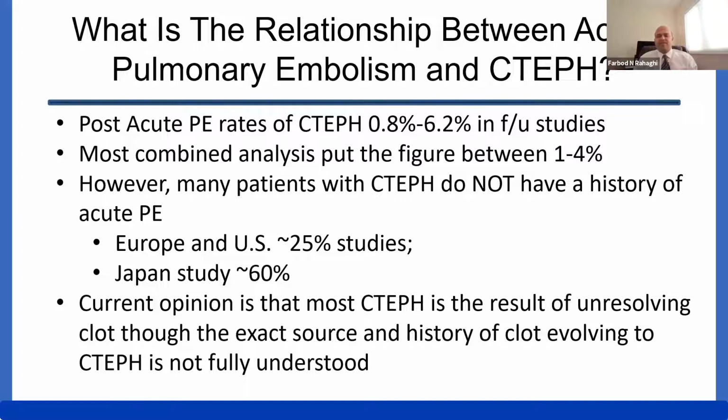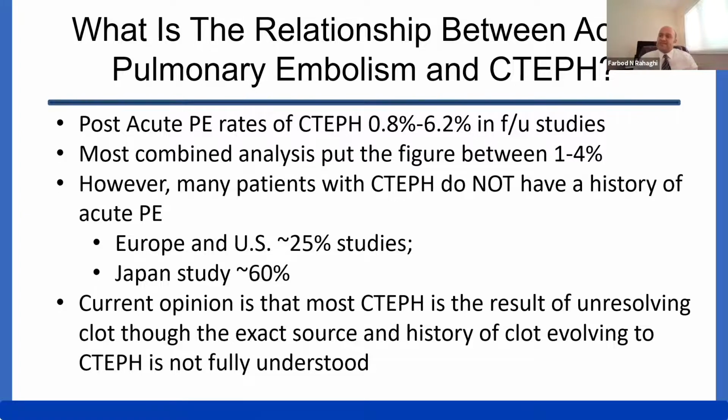There have been a lot of studies that have looked at what happens to patients who have acute pulmonary embolus. Part of the problem is patients are right now not necessarily systematically followed, particularly if they're not symptomatic, which gets in the way of figuring out exactly what the rates are of patients developing CTEPH. But somewhere between 1 to 6% of patients after acute PE develop CTEPH.